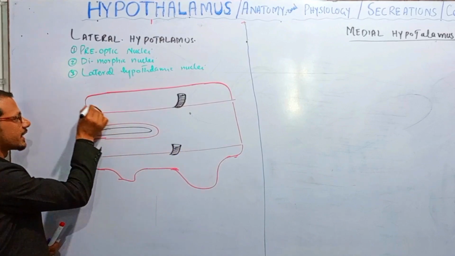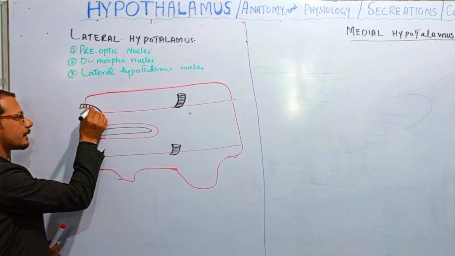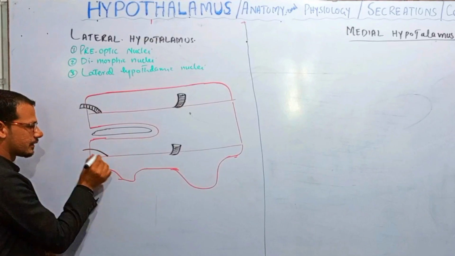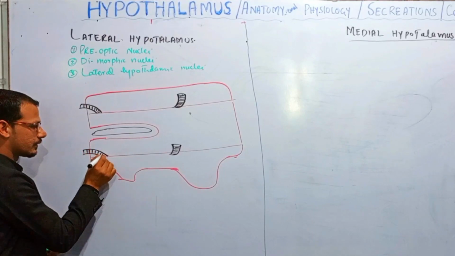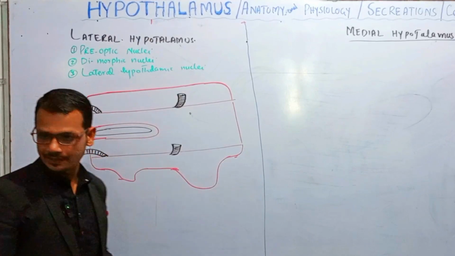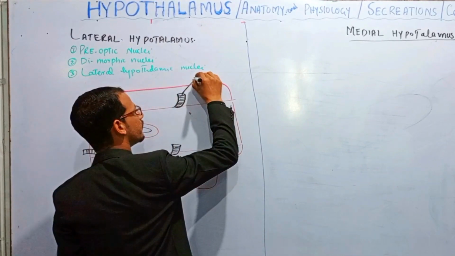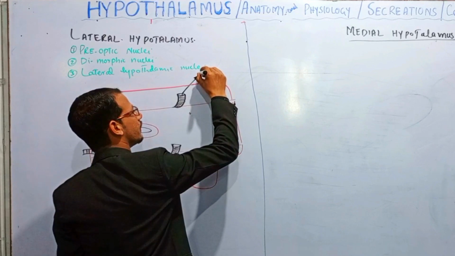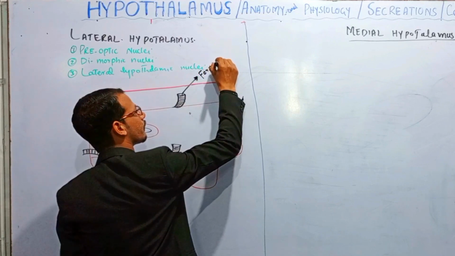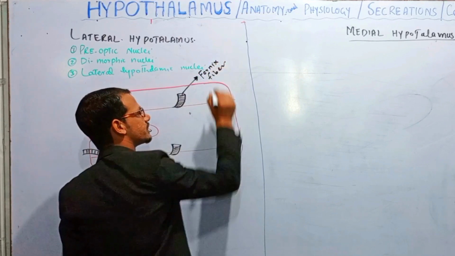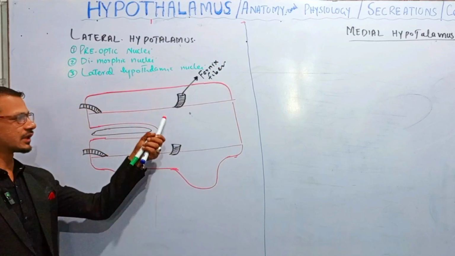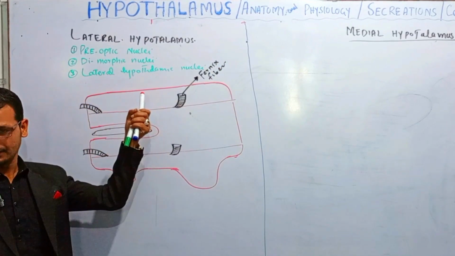What fibers are leaving this hypothalamus? The mammillothalamic fibers. These are fornix fibers, which divide the hypothalamus into medial and lateral.